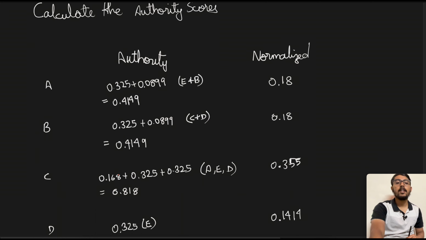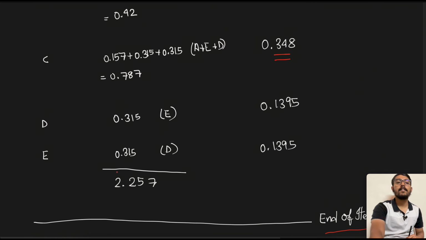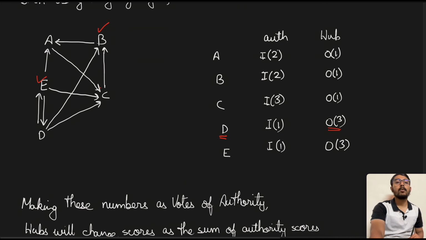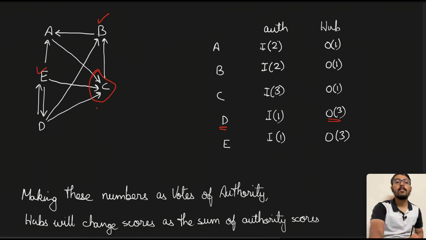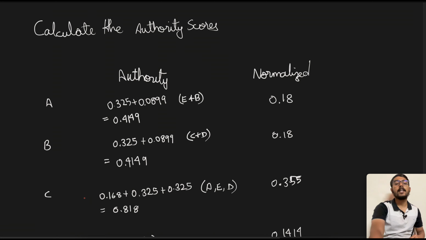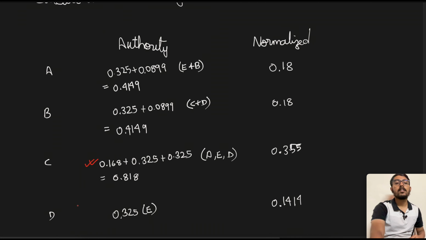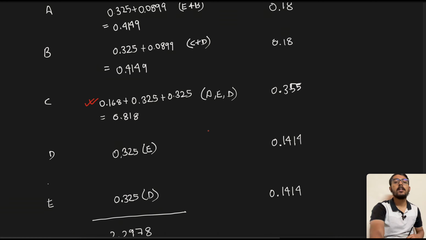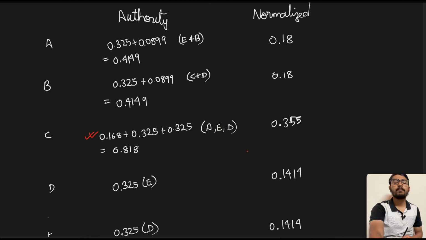Similarly for B, and then C. In C, if we check, C is pointed to by A, E and D. So all those who point to C are acting as hub for C. Therefore we got 3 numbers added here. Then we have D and E, right? Again we took the sum and then we normalized these all.